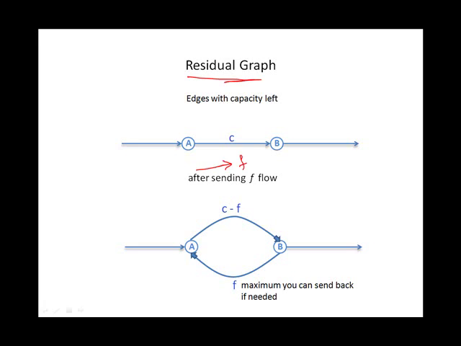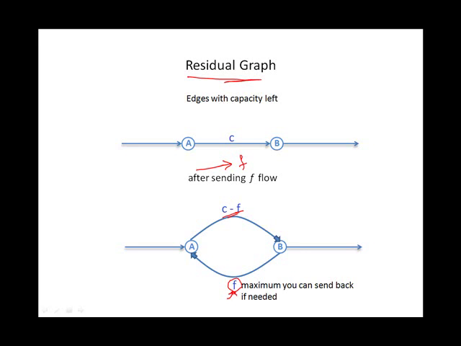So along with that, what we do is we will add an edge from B to A, a reverse edge, and we will make the capacity of that edge equal to F. In a way, what this represents is, if you want to send a flow from A to B, the maximum you can send is nothing but the capacity left, that is C minus F. And at the same time, if you want to send some of the flow back, the maximum flow you can send back is F. That is nothing but the flow which is already there from A to B, so that will be represented using a reverse edge with F as the capacity.